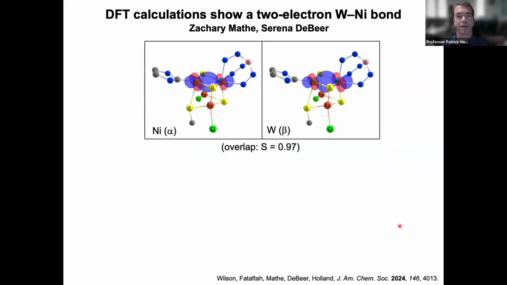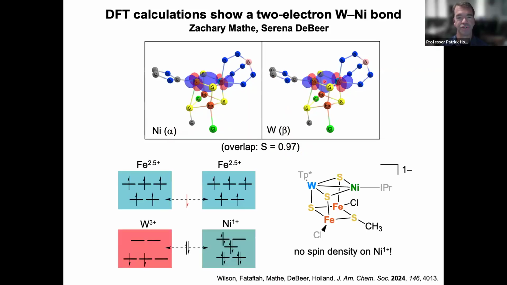This was supplemented by calculations, also done by Zach, that indicate that in this nickel 1 compound, there is a nickel tungsten bond. We have one of the up electrons and one of the down electrons that are co-localized. And you can see it's very clearly a sigma bond between these two metals. And that's pretty interesting.